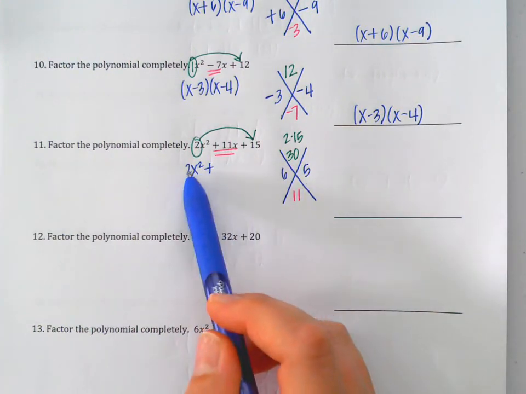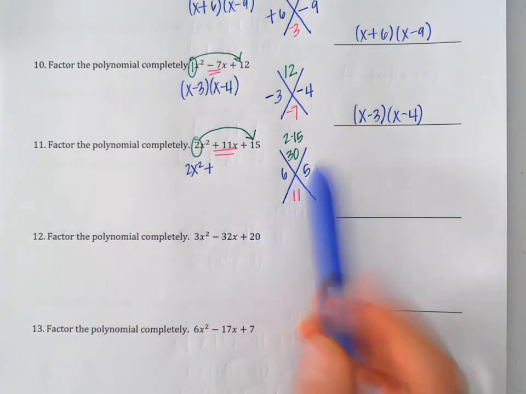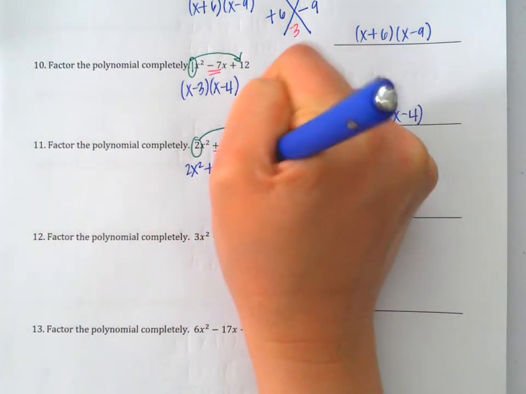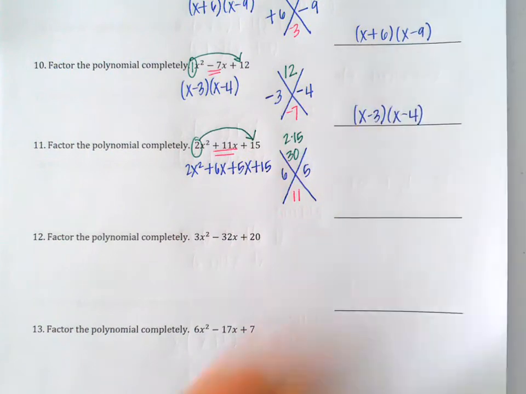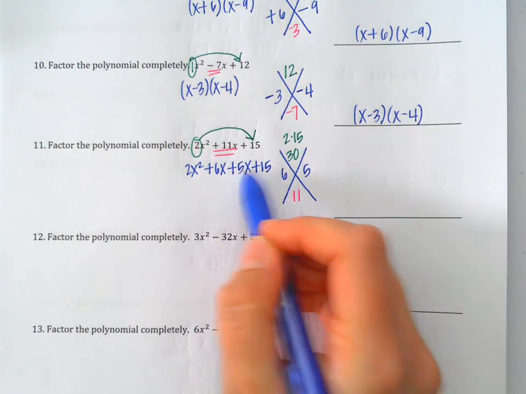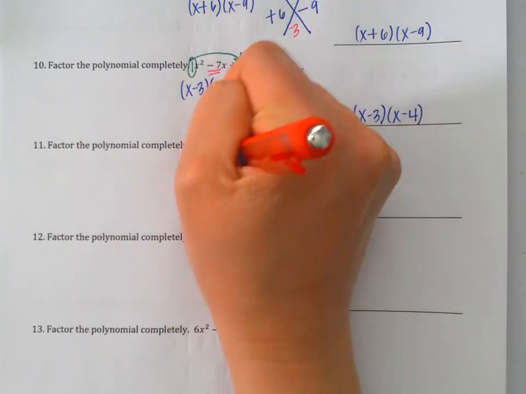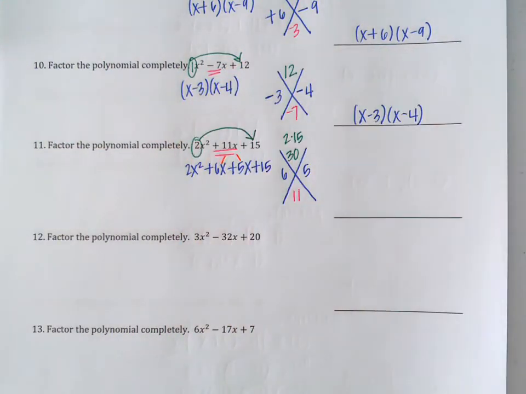I think what goes better with 2, 6 or 5? And 6 does. So I'm going to write 6x plus 5x plus 15, which makes sense because 5 goes better with 15. All we did here was split up 11 into 6x and 5x.